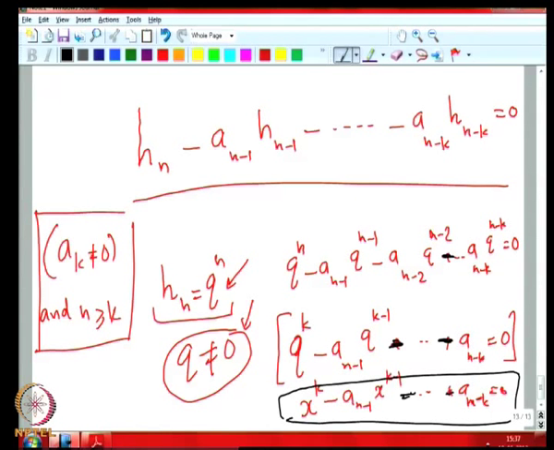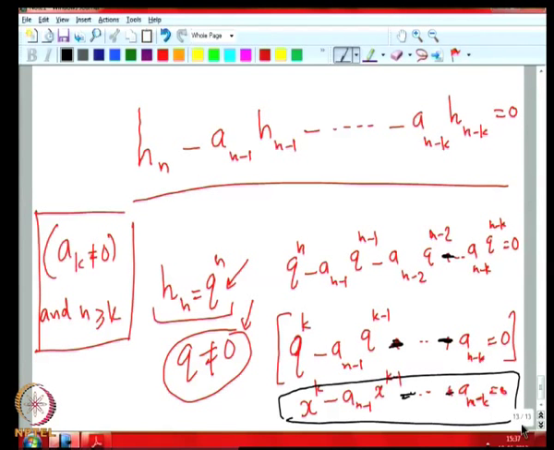So you can take any root of it, say q is a root. So it is clear that this equation will be satisfied by q. So that means q raised to k minus a n minus 1 times q raised to k minus 1, and so on, minus a n minus k is equal to 0 will be true, right. You have to take a non-zero q.